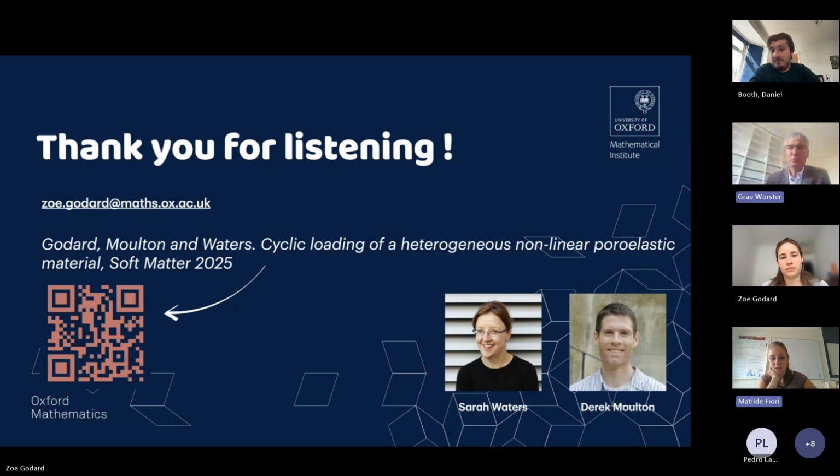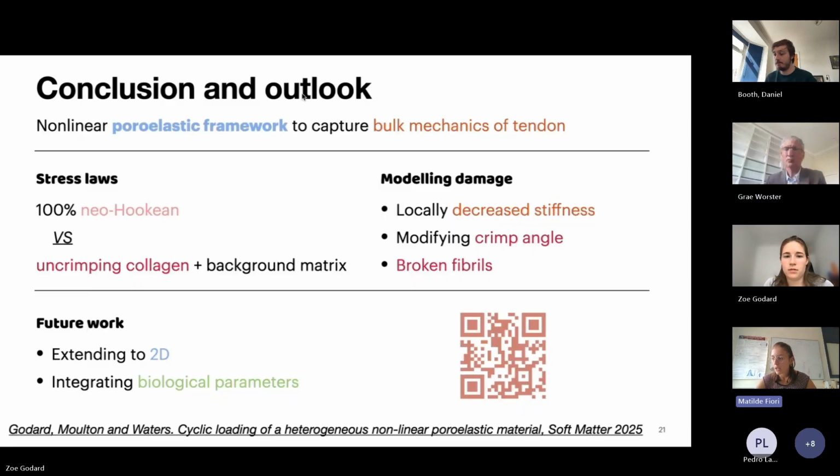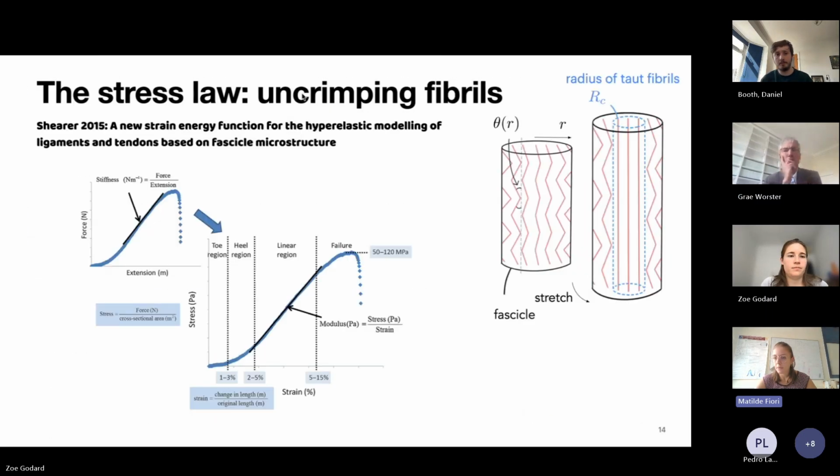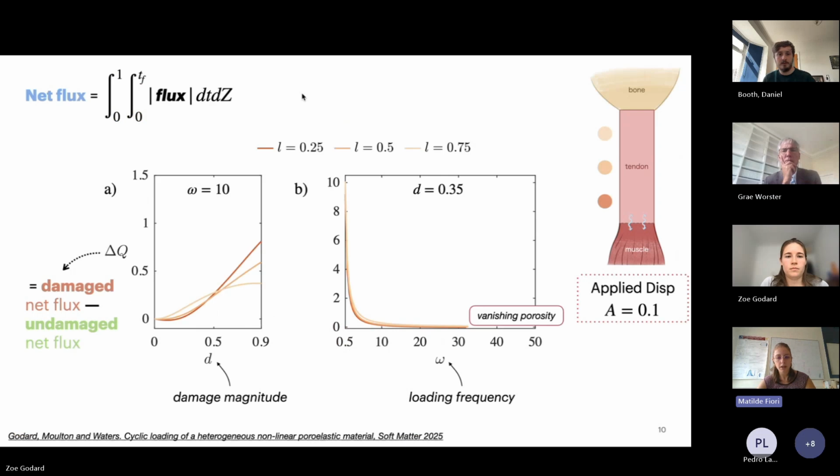One is a proper question on one of the slides where you were talking about the delta Q, so the net flux. Have I understood correctly that for higher damage, you would get a higher flux all over, compared to the undamaged?